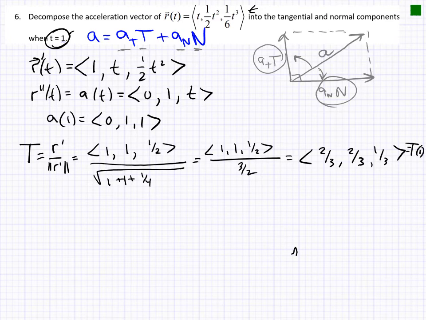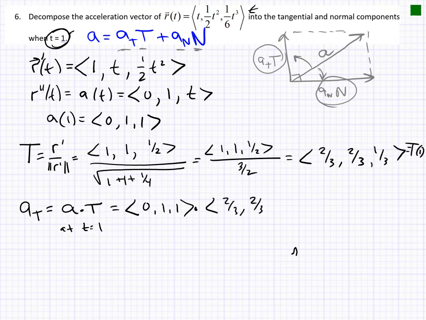Okay. So the next thing we want to do is find a sub t. Well, that's a dot T. And so at 1, the acceleration vector was 0, 1, 1. The unit tangent vector was 2/3, 2/3, 1/3.